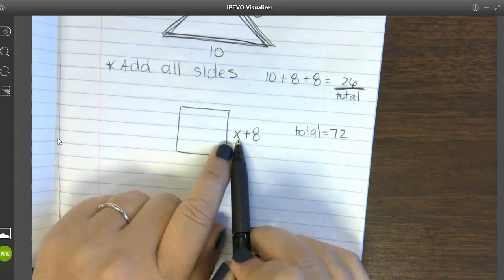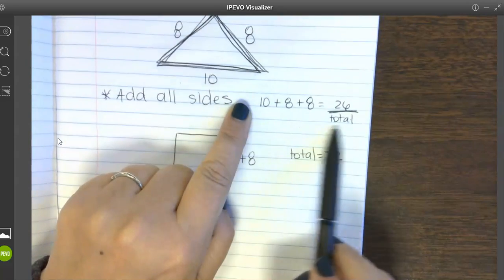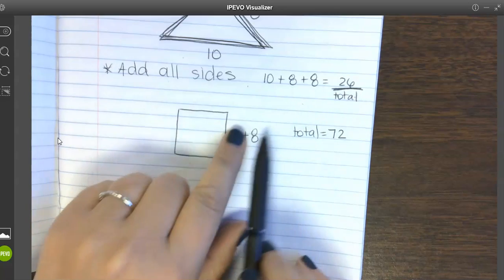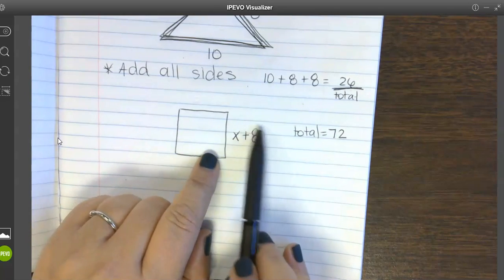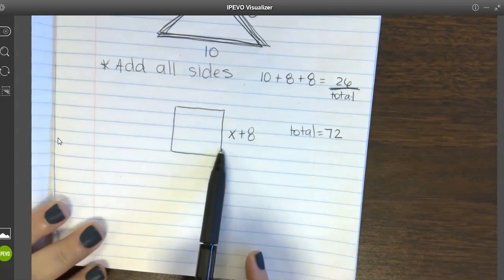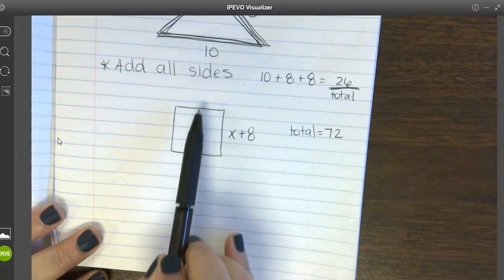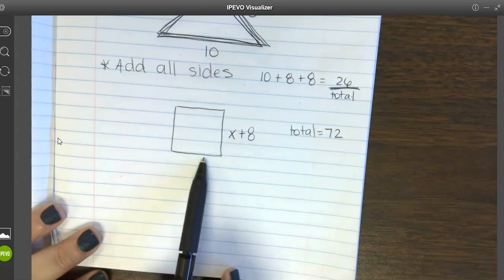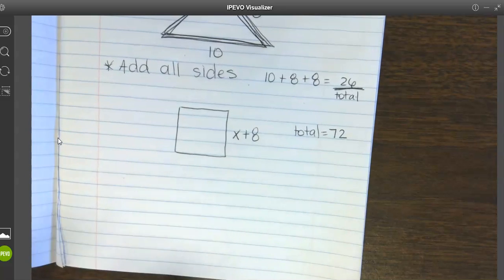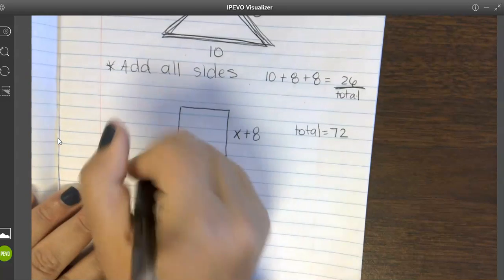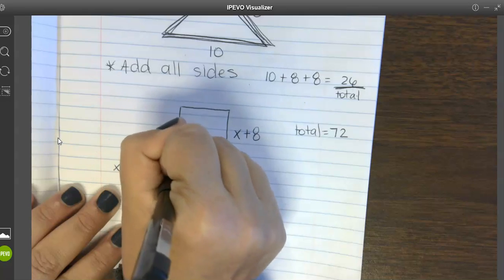So what we're going to do is keep this same concept of adding all my sides to equal my total, but we're going to take into account this missing value. So if this is a square, this is x plus 8. What is this also? x plus 8, x plus 8, x plus 8. So what I could do is take all of my sides and add them together. So I could say x plus 8 plus x plus 8.